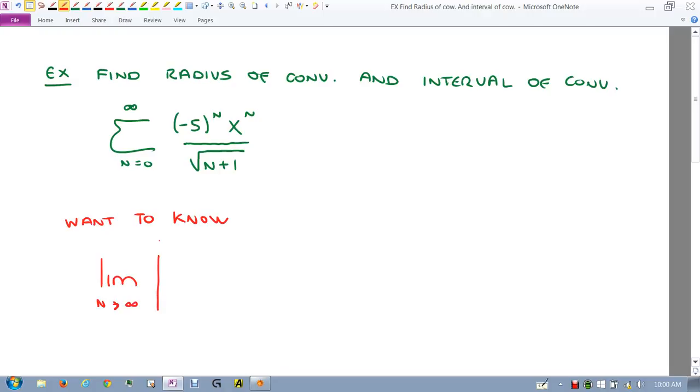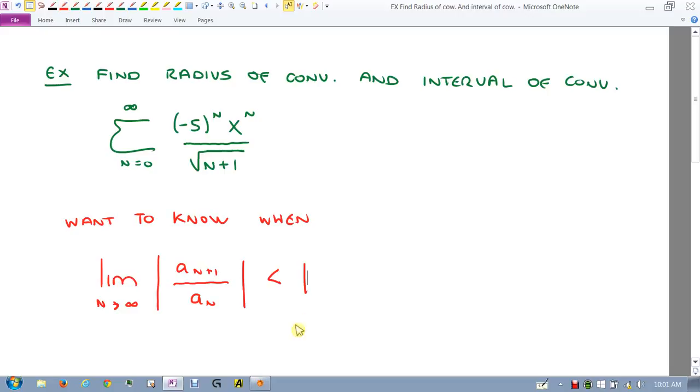Anybody remember what the ratio test says? We put one on top of the other one. Which one? What was it? A sub n plus 1 over a sub n. I want to know when that's what? Ratio test gives us convergence when that's less than 1, right?